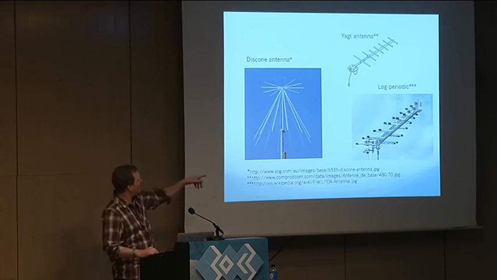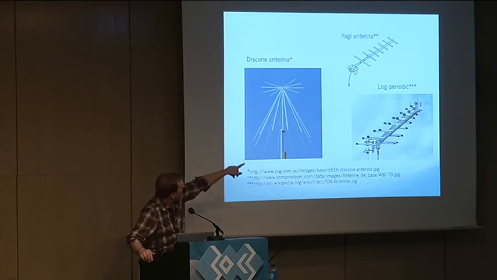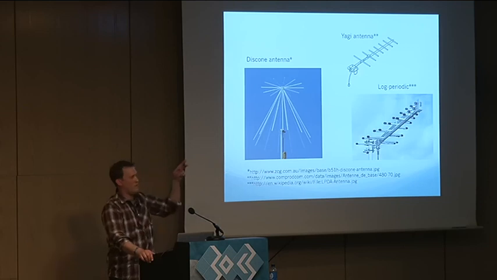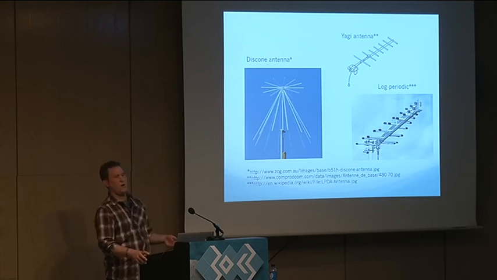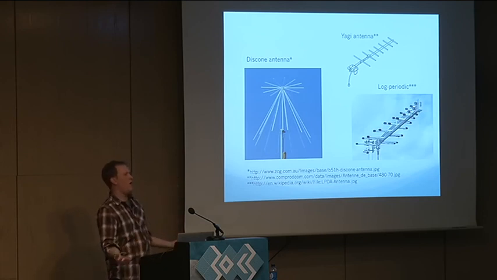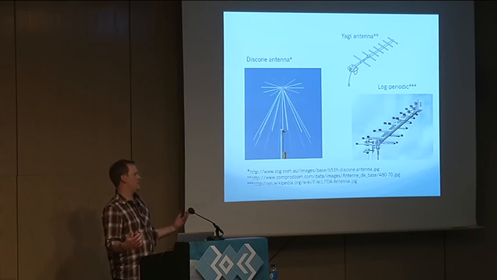So I don't want to dedicate a Yagi antenna or a log periodic antenna, on the right here, which are directional, so that I'm limiting my view. My one problem here is that with the omnidirectional, I'm losing some power. I'm not getting all of the power out of the spectrum that I could, I guess so to say.